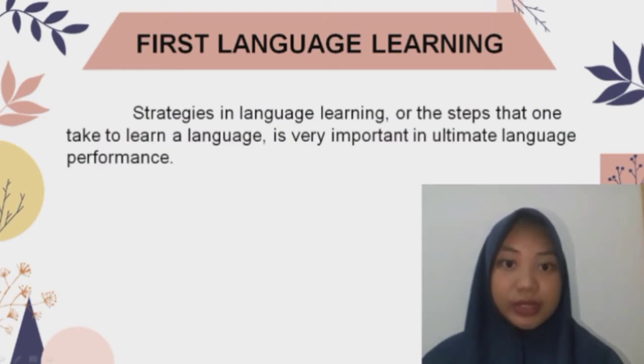Strategies in language learning, or the steps that one takes to learn a language, are very important in ultimate language performance. It is defined as specifications, behaviors, steps, or techniques, such as seeking out conversation partners or giving oneself encouragement to tackle a difficult language task, used by students to enhance their own learning (Scarcella and Oxford, 1992, page 63).